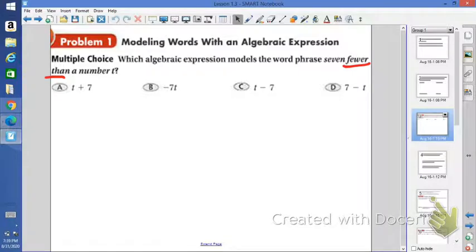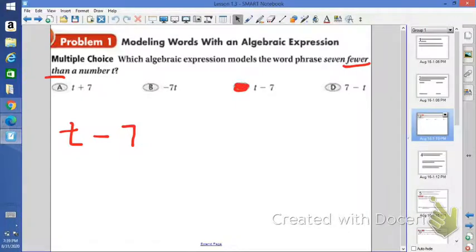When you're dealing with subtraction, it's important to pay particular attention to how it's worded and not fall asleep and write the wrong answer. So 7 fewer than a number t, we're actually going to write t minus 7. That's the correct answer, so it's going to be C.